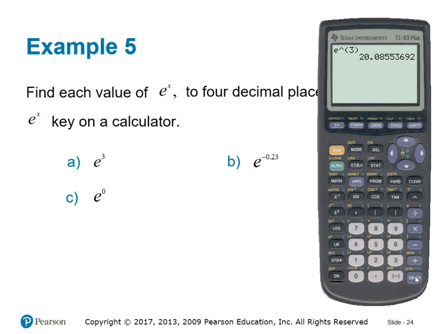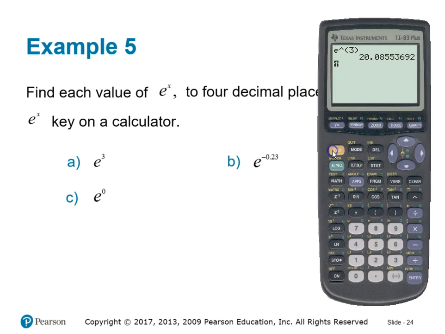All right, so when we have this next one, we're going to talk about a negative exponent, which means it's going to be a fraction, and then I have the 0.23, so you've got a fraction and a fraction happening there. So let's go ahead and do the same thing.